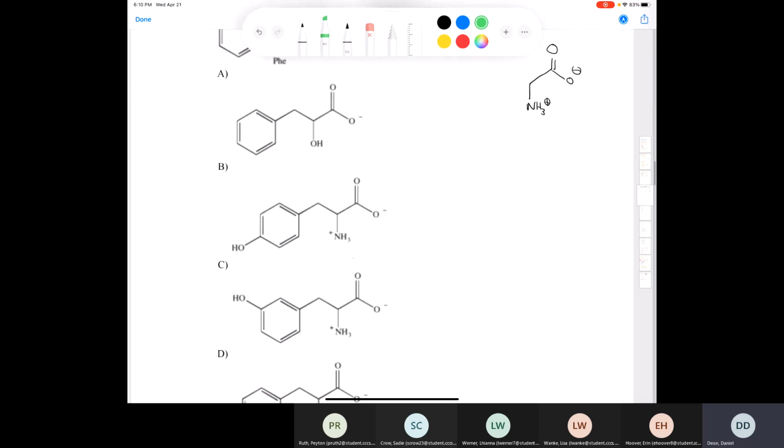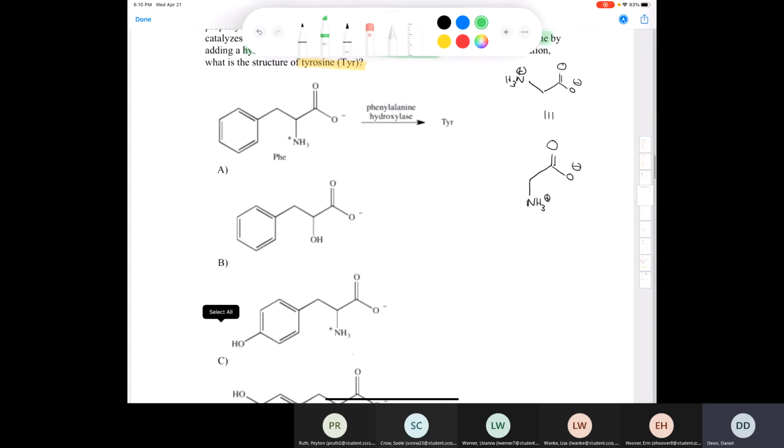Well, you can see that all of these possible answers have an aromatic ring. So if it's the para position of an aromatic ring, you should know that when you have an aromatic ring, such as this, if you have two substituents that are right next to each other, we call that ortho substitution.